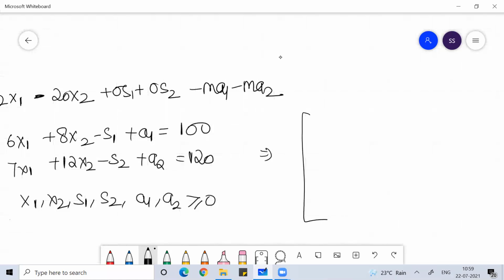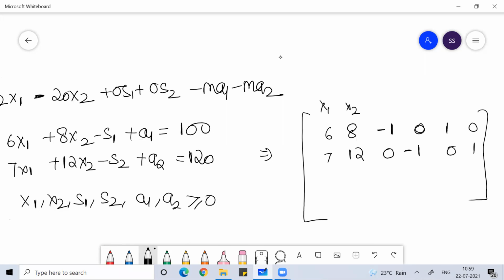The matrix form, if you write this, will be 6, 8, minus 1, 0, 1, 0. Then the next row would be 7, 12, 0, minus 1, 0, 1. This is multiplied by x1, x2, S1, S2, A1, A2.